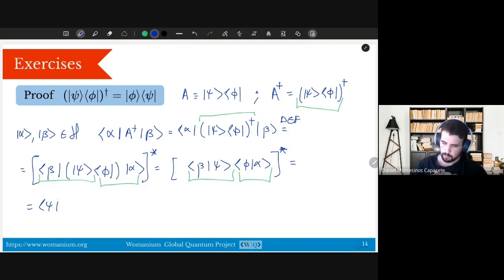I just change the order of the scalar product. That's a property we discussed the other day. Since this here is a scalar product and this is another scalar product, these are just numbers. I can change the order because these are just numbers.